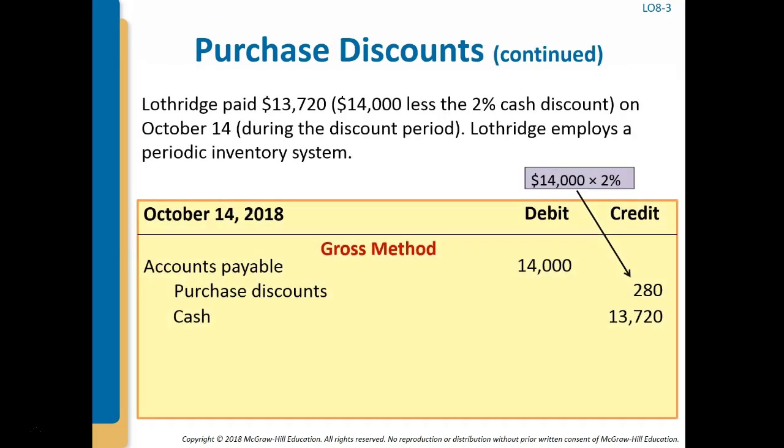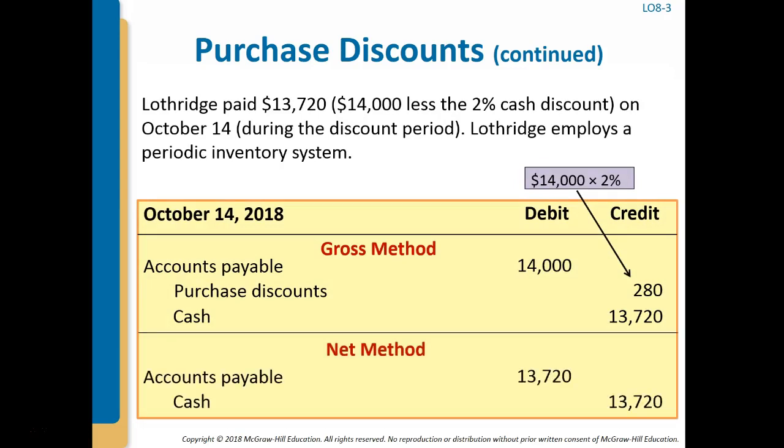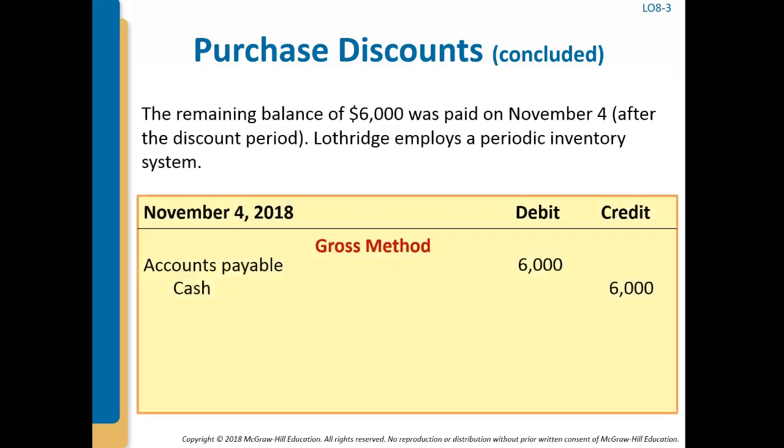Next, on remittance within the discount period, the discount amount of $280 is recorded as a credit to an account called purchase discounts under the gross method. Under the net method, they're recorded as net amount after discounts for the amount paid, the $14,000 minus the $280.